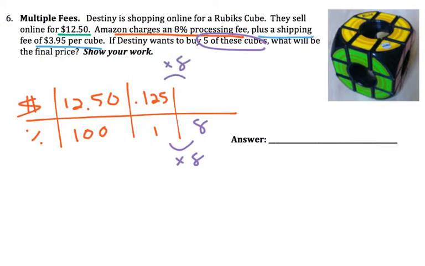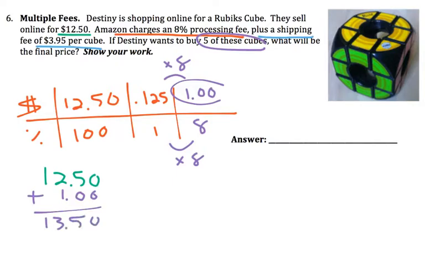Something interesting happens here. When we multiply it by 8, we end up getting 1 whole, or $1. And maybe some of you will see why, but moving on. We have the retail price, and now let's add that 8%, which is $1.